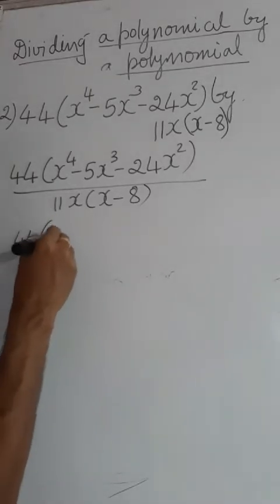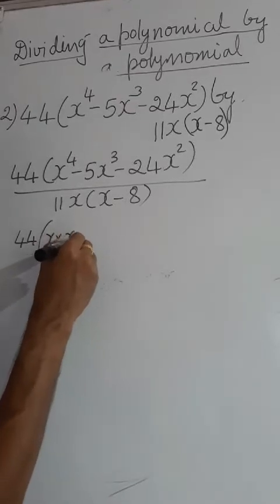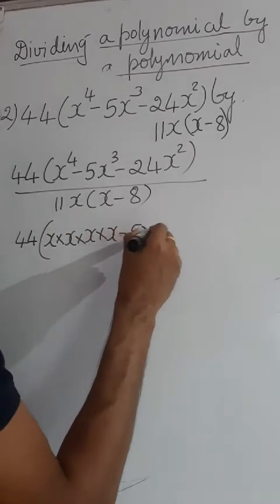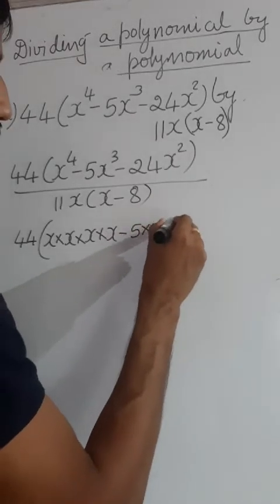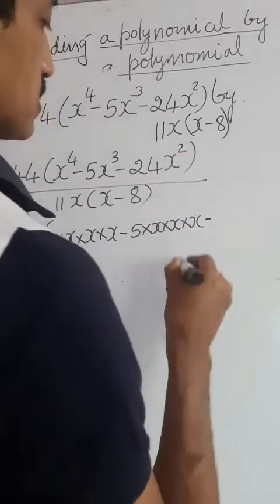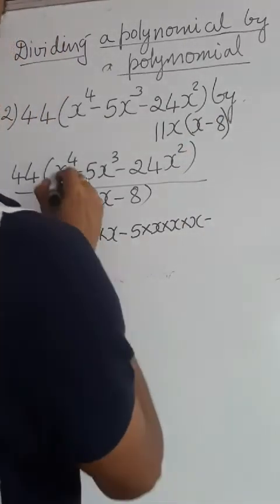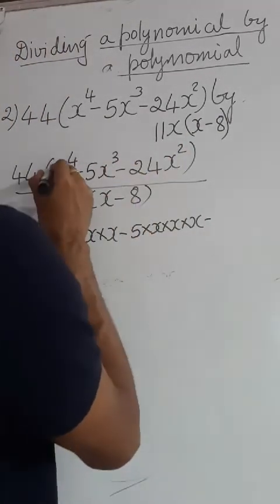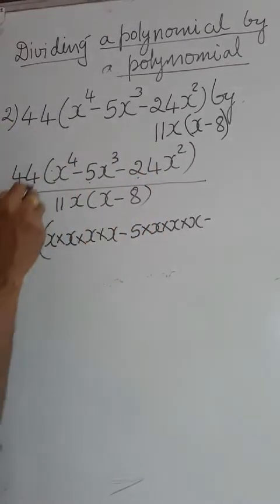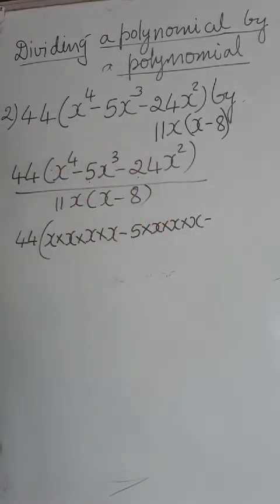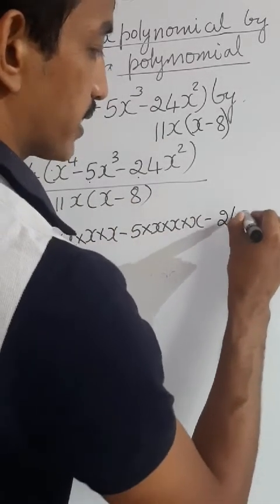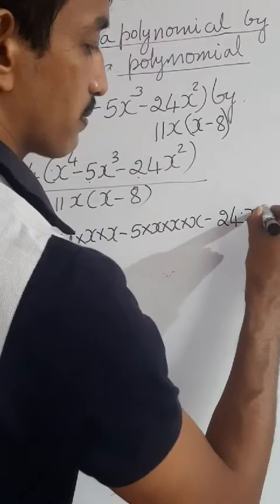So x to the power 4 is x into x into x into x, and x cube is x into x into x. Here a number is there, here a number is there, but here there is no number, so the number you cannot take outside. No need to simplify the number; I write it as it is.